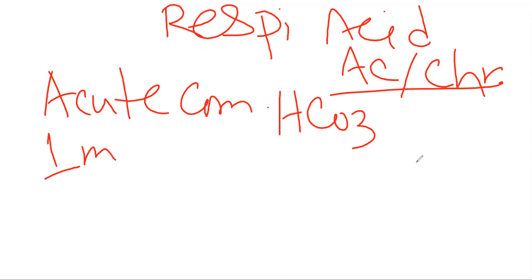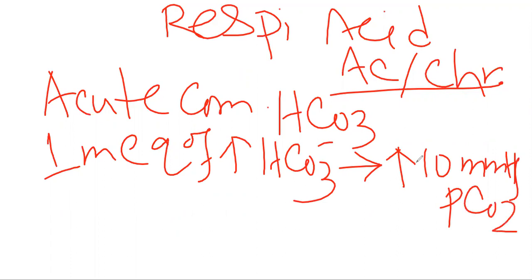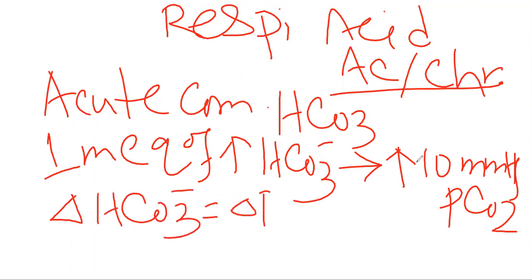A 1 milliequivalent increase in bicarbonate will be produced by a 10 millimeter mercury increase in the partial pressure of carbon dioxide. So at that time, the delta bicarbonate should be delta PCO2 divided by 10.